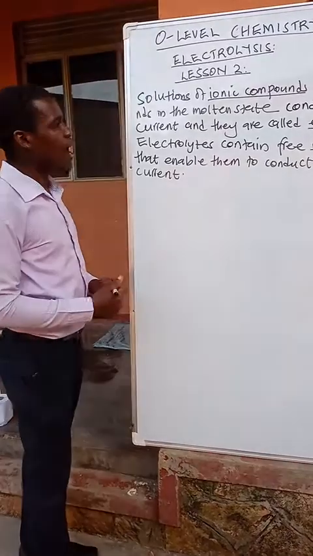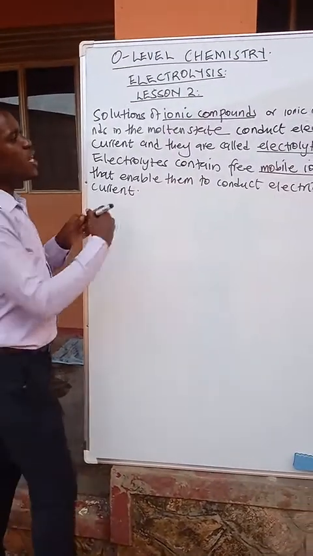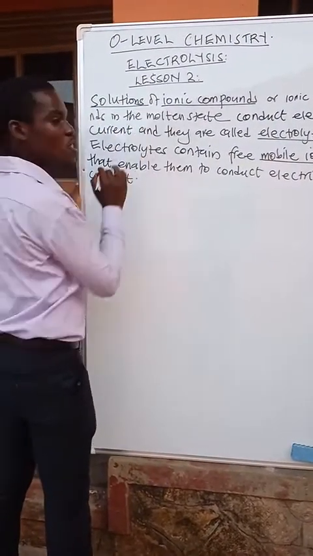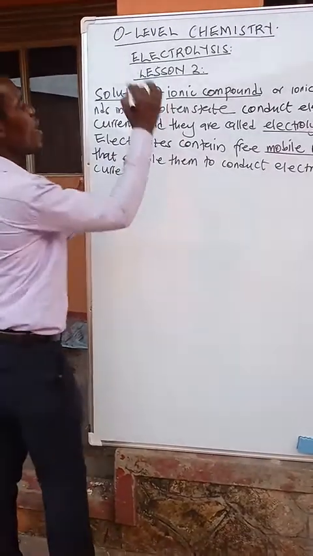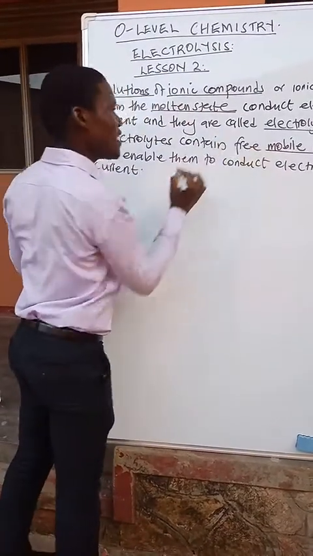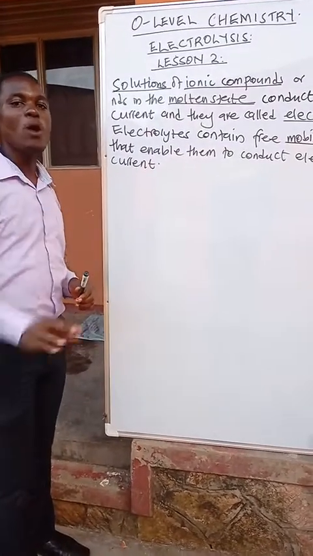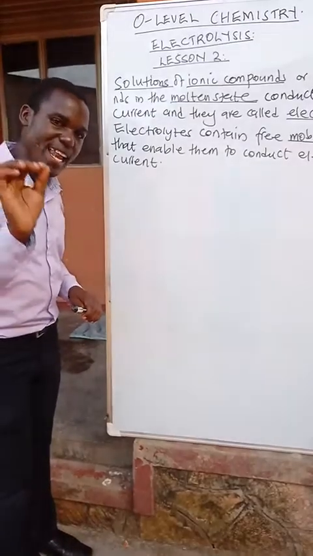All right, so now we are saying that these ionic compounds, to act as electrolytes, should either be in solution form, they should be aqueous solutions, or they should be in the molten state. So what does that mean? It means that these ionic compounds in their solid state do not conduct electricity.